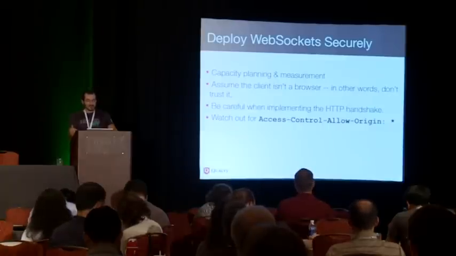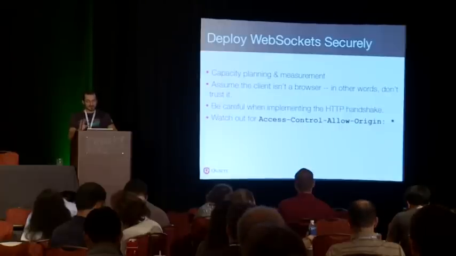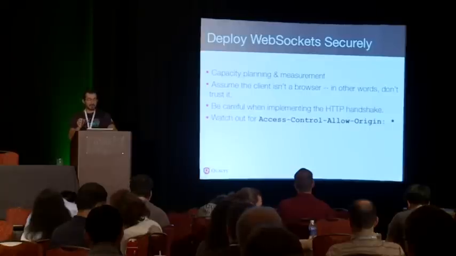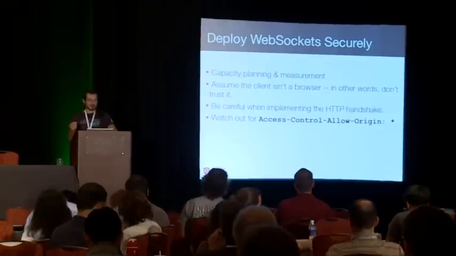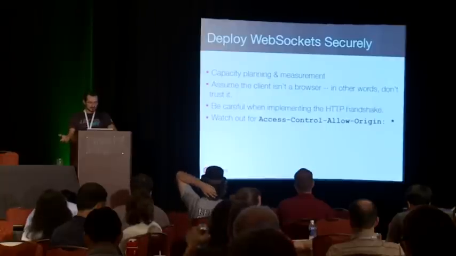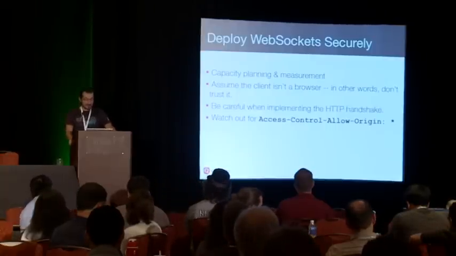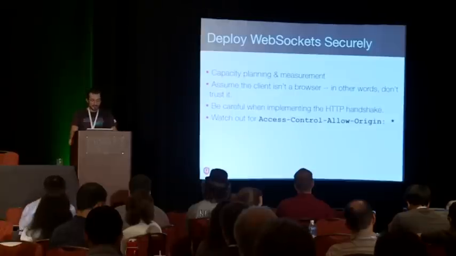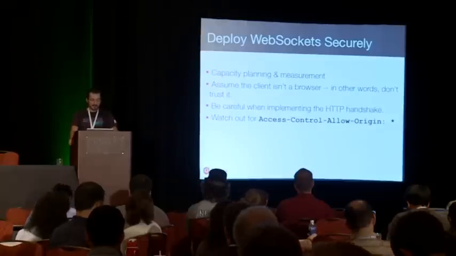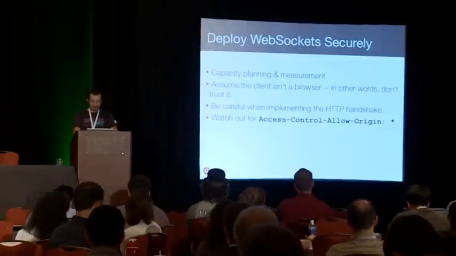Also, if you are a WebSocket server developer, if your initial HTTP handshake has this flavor to it, a little bit different from others, then you are easy to fingerprint. And of course, we need to be careful with origin control headers here.